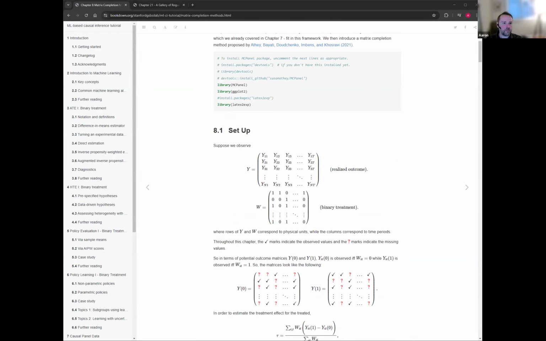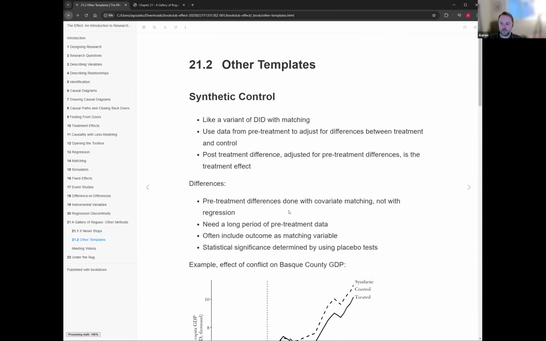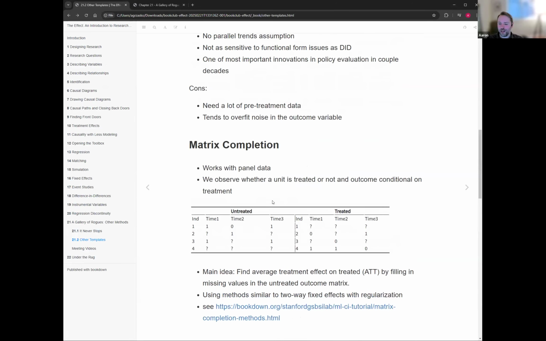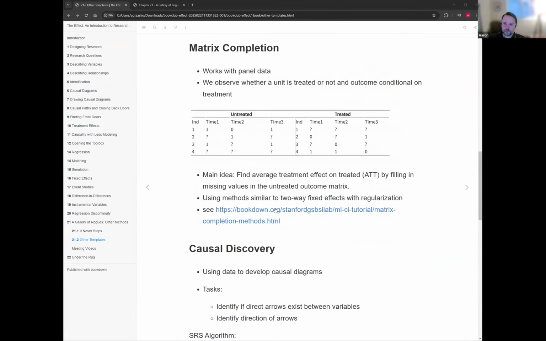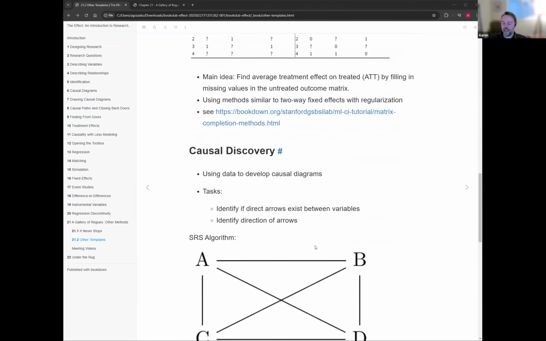I want to put the link here in the chat. So, matrix completion. I do think that's cool, borrowing what to me looks like recommender system logic applied to causal inference. Any questions on that? I know it's very brief.